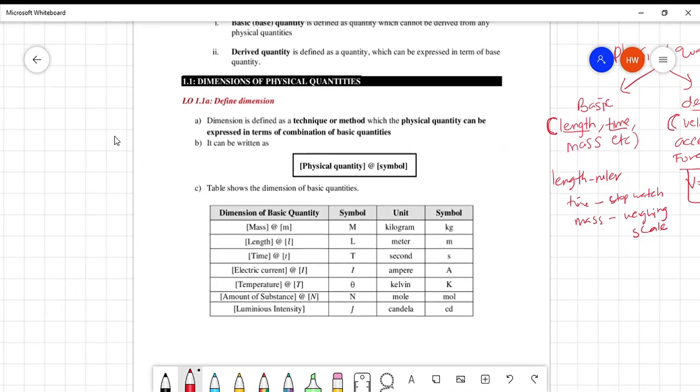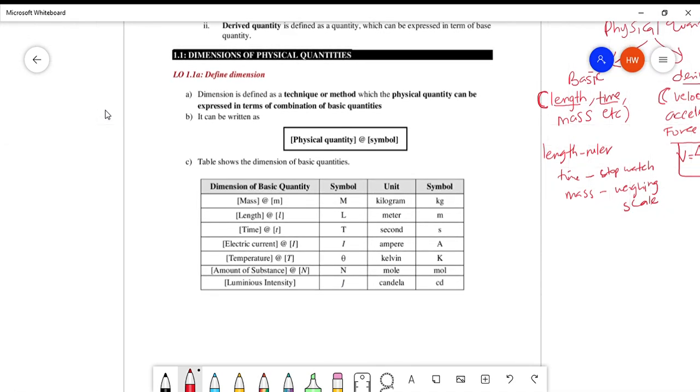So first we will go through dimension. Dimension is a new topic for all of you, I guess. So what is dimension? Dimension is a technique or method by which a physical quantity can be expressed in terms of a combination of basic quantities. It is a method used by physicists to express a quantity in terms of basic quantities, such as velocity.